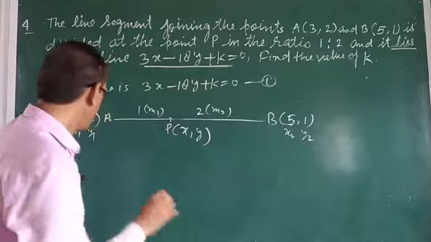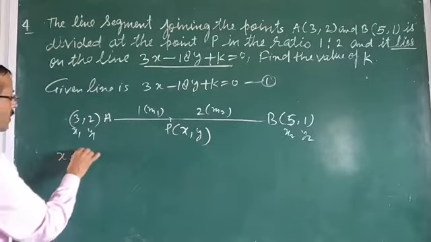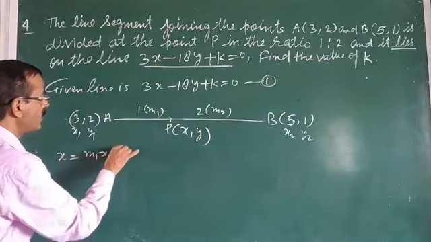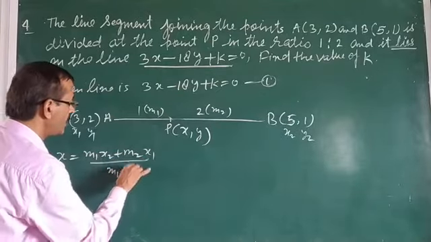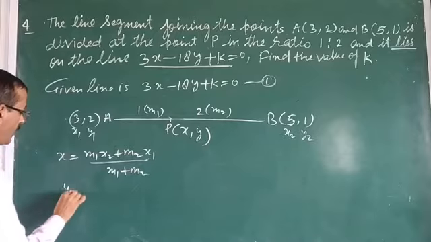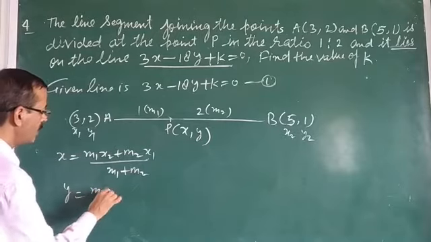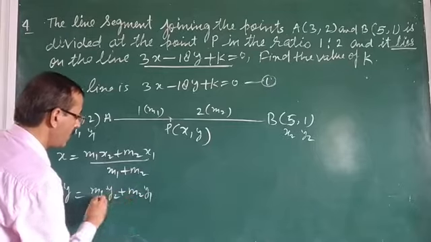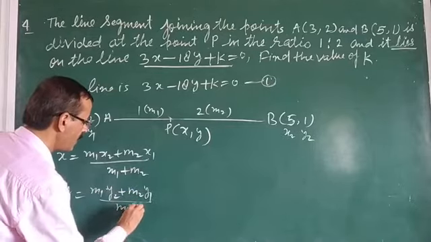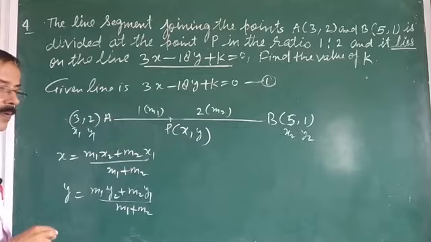Clear? Now to find x, we apply m1 x2 plus m2 x1 over m1 plus m2. To find y, we apply m1 y2 plus m2 y1 upon m1 plus m2.